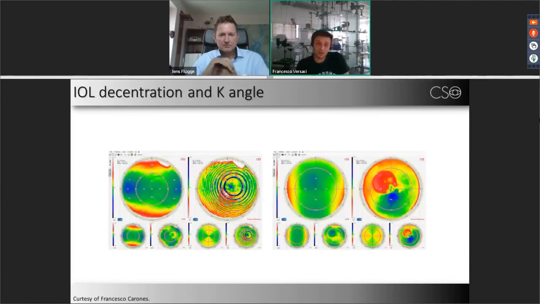It's also very important the evaluation in our device when you have some kind of lens implanted of the decentration of an implanted IOL.